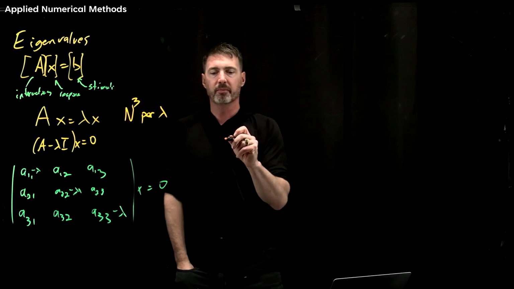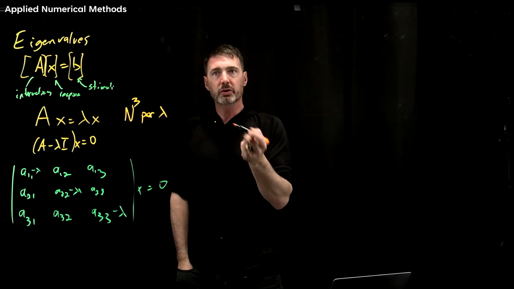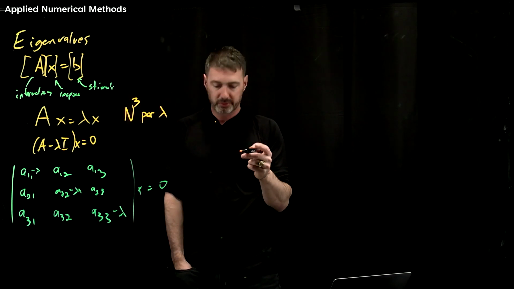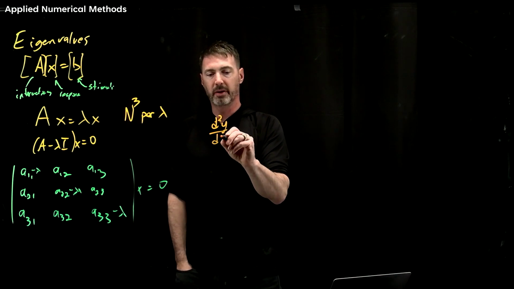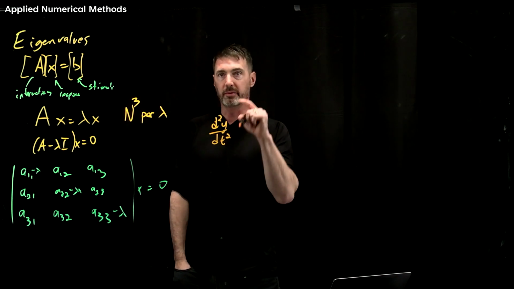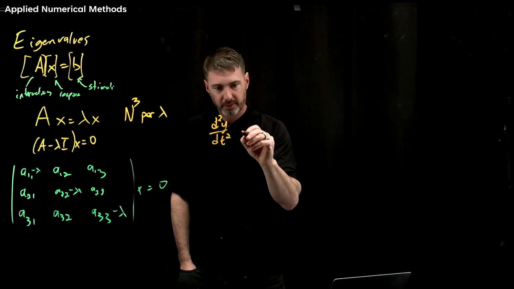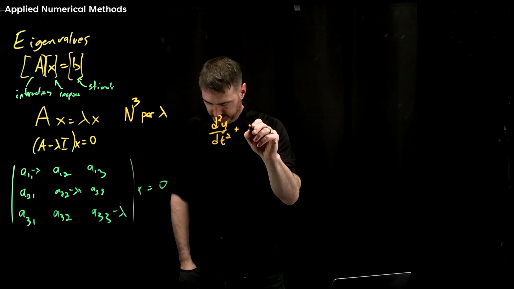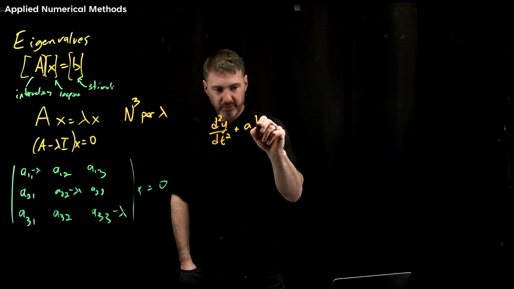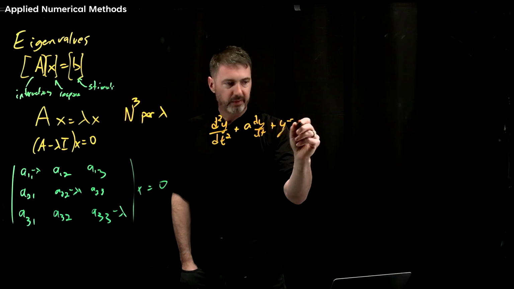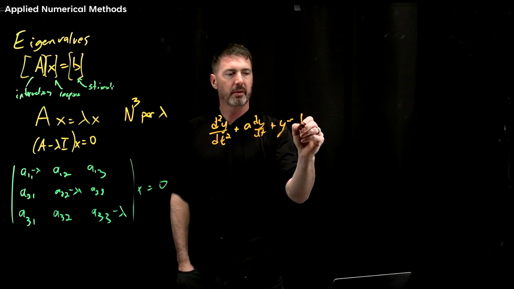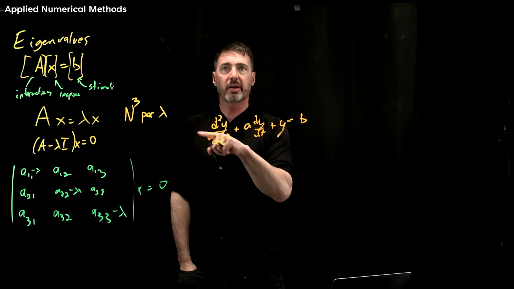I'm going to introduce it here, but usually dynamics are second order differential equations. So you can think of a variable y, and I'm going to differentiate it with respect to time. Usually I'll do this: d²y/dt² plus a dy/dt plus b y is equal to some input. Now, this is a second order equation.